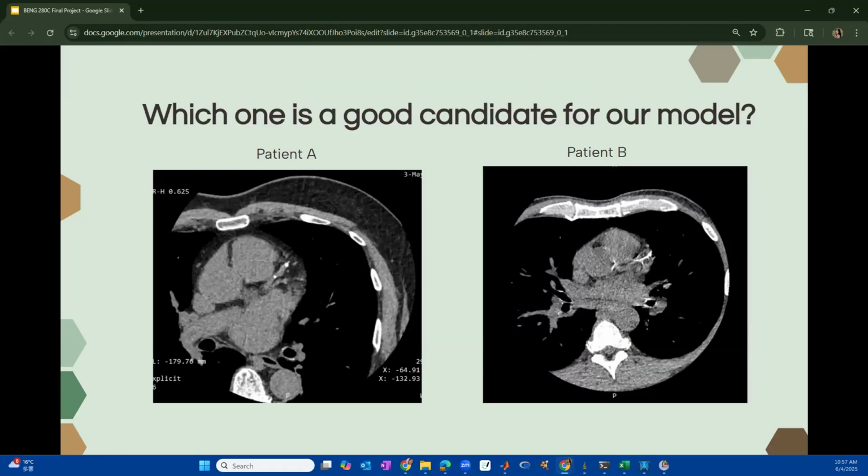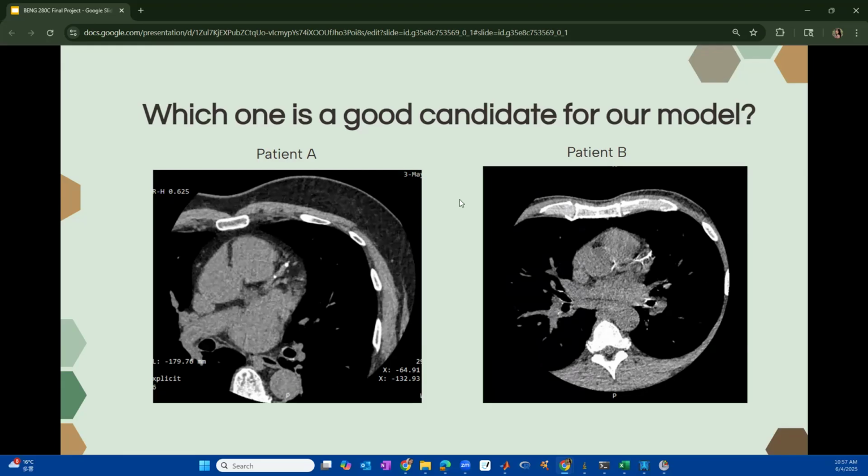Yeah, so as Cassie mentioned, our GAN model takes CAC scans as input. Here we compare different patients to decide which is better suited for our model. On the left, we have patient A. You can clearly see two distinct calcium spots in the left coronary artery, and these are easy to locate and isolate, so it will be perfect for training the model to learn what individual lesions look like.